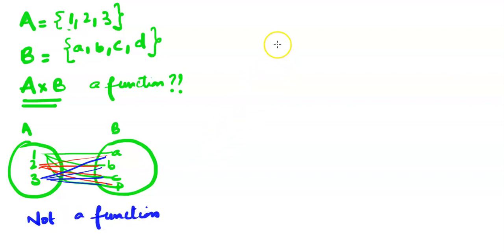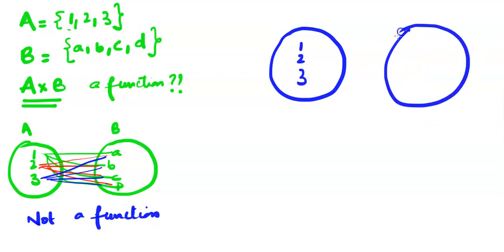What could have been a function? If you have 1, 2, 3, and A, B, C, D, and there was one relation each: 1 to A is a relation, 2 to B is a relation, and 3 to C is a relation. Then this is a function.